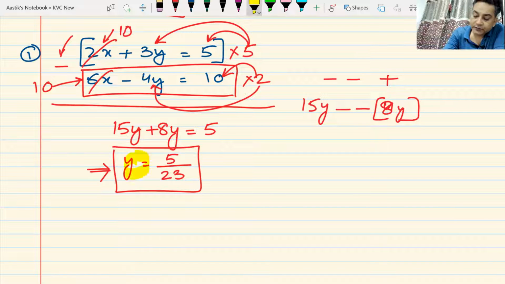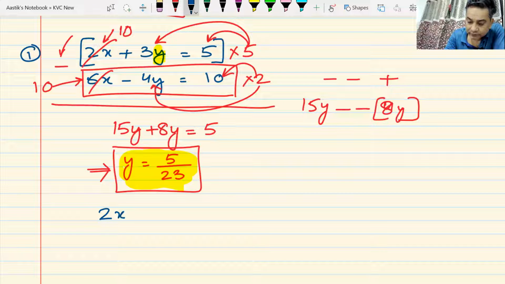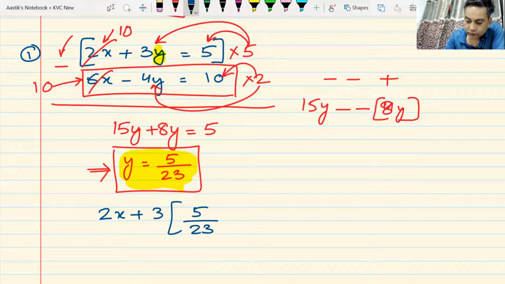Now what you do, I'll put the value of y from here in equation number 1 or equation number 2, and I will get the value of x. What will be the value of x? So let us find out. 2x plus 3 times 5 by 23 will equal 5.